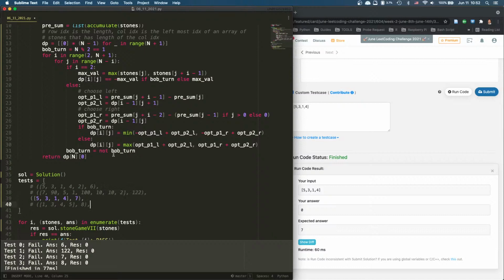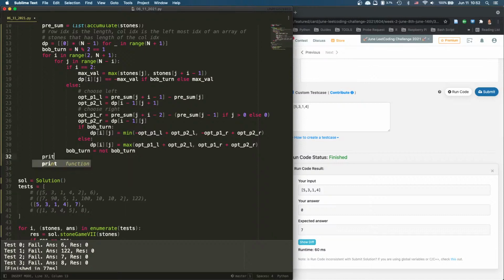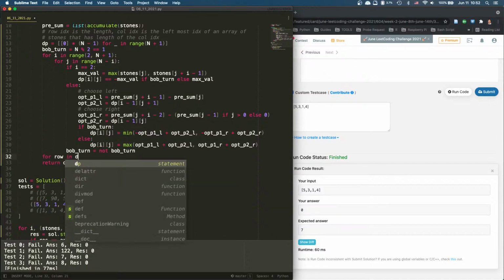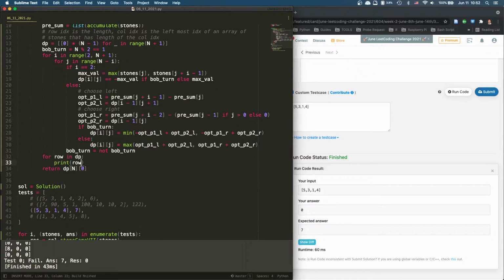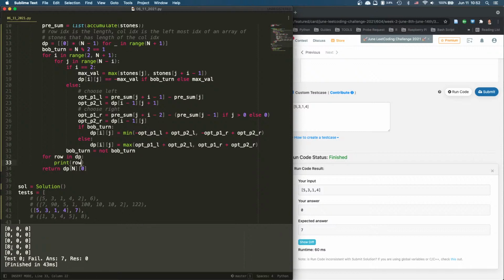Let's just print out the DP table, just to inspect. Right, I'm going to print for row in dp, print row. We did not put anything in it. We only have an 8 here. Alright, this is not right.